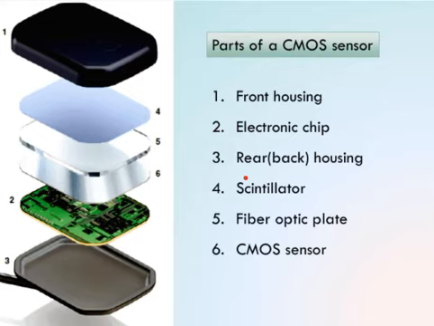Here, this function of the intensifying screen is done by the scintillator. If you remember, intensifying screens take up the X-rays and convert them into visible light photons. This will reduce the radiation exposure to the patient. Similarly, the scintillator takes up the X-rays and converts that into visible light signals.